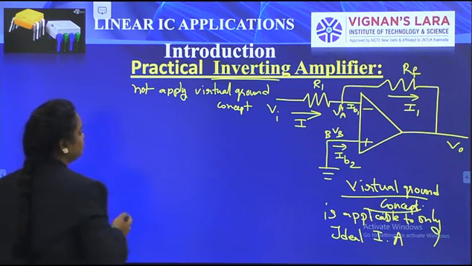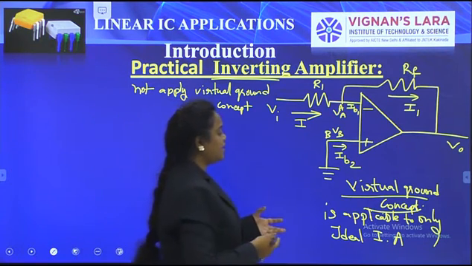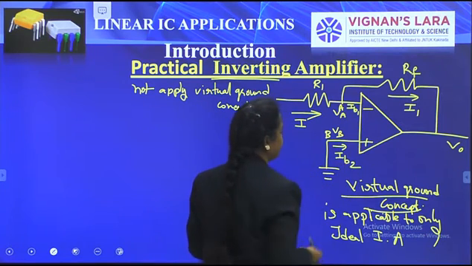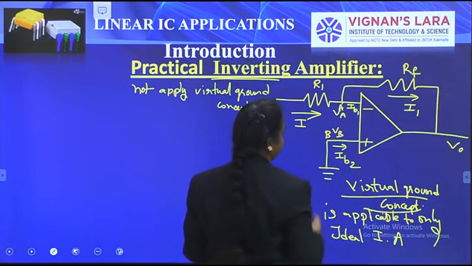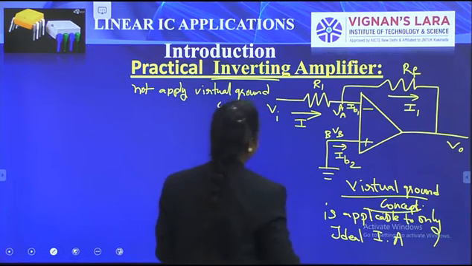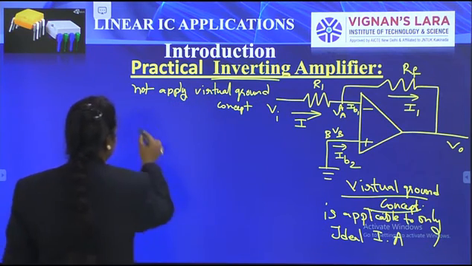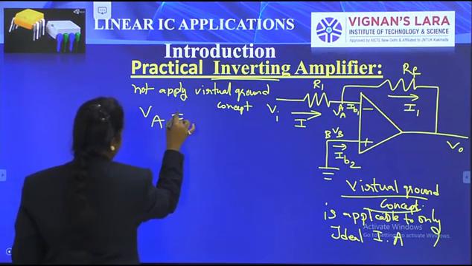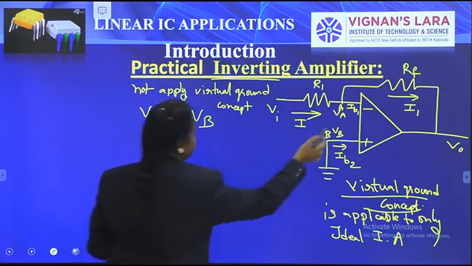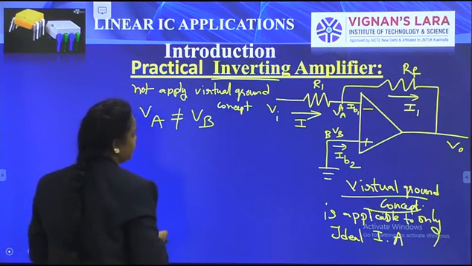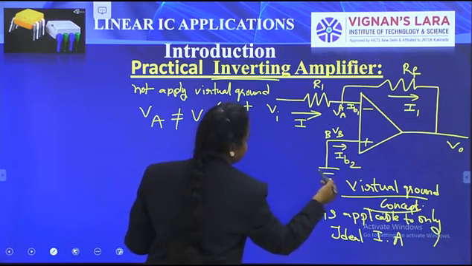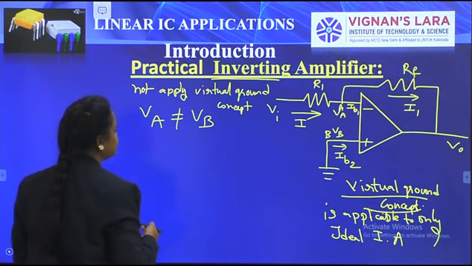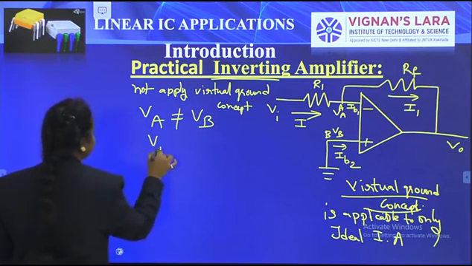In the virtual ground concept, we know that VA is equal to VB. But in this practical inverting amplifier, VA is not equal to VB. Here, the non-inverting terminal is connected to ground, so the voltage at node B is 0.